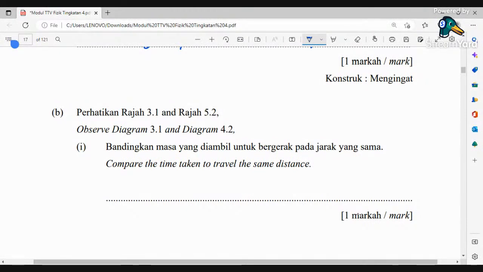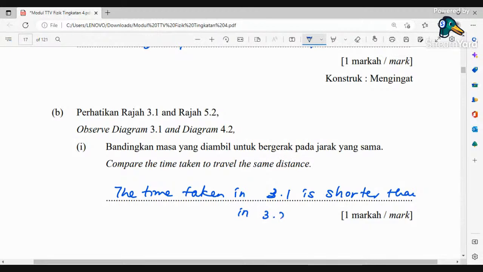Okay. The time taken in 3.1 is shorter in 3.2. Okay.